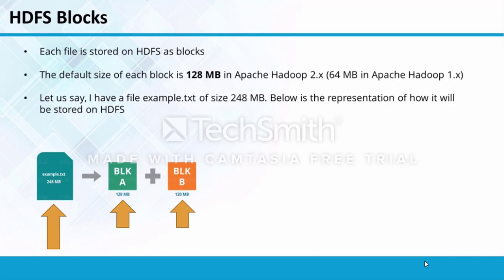As you can see, the first block of 128 MB was produced straightaway, that is the very first slab cut, and that is why the other block was 120 MB. That means that it is not going to waste any space if the file size is smaller than the default block size. I hope you guys are clear with what blocks in HDFS are and how they are created.